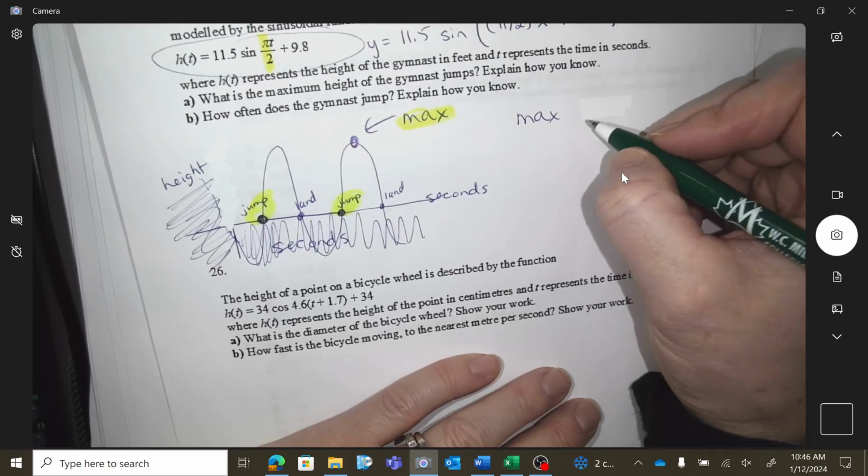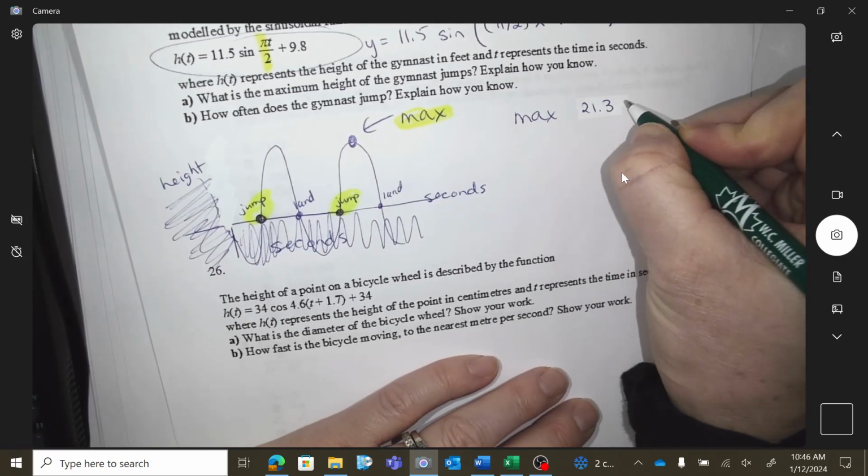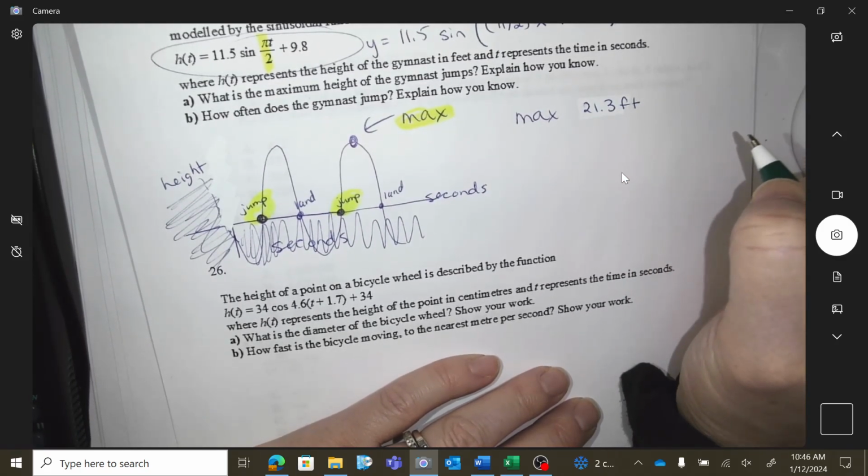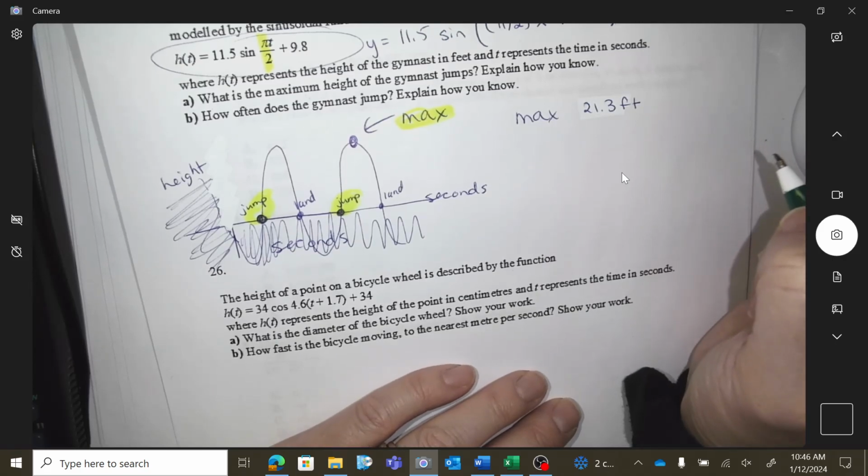That's what I was thinking. 21.3 feet. Yeah, that's what I got. I did not get that either. Yeah. I got 2.76. Yeah, that's what I got. 2.76. Which actually.